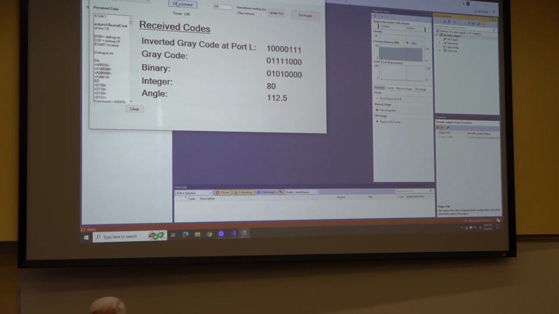And those are going to port L on this Arduino. That's getting a little bit more advanced than we need to talk about for this class. But just know that if you're going to deal with an absolute, you've got a whole lot more data lines going out than you do for a simple incremental encoder. Okay?